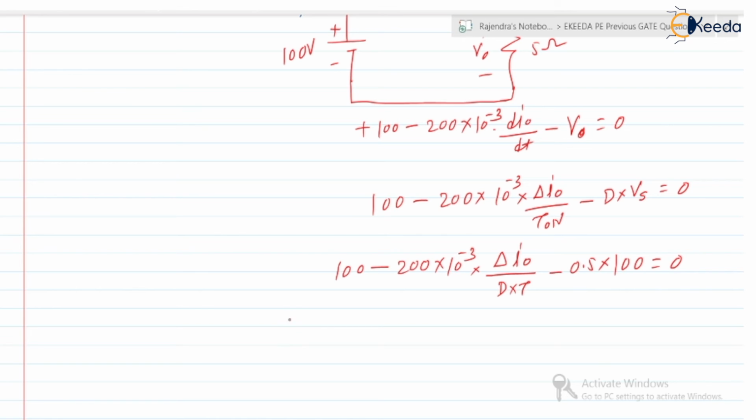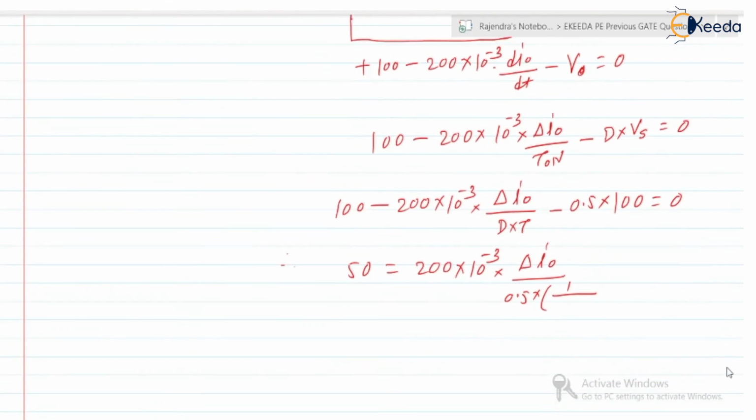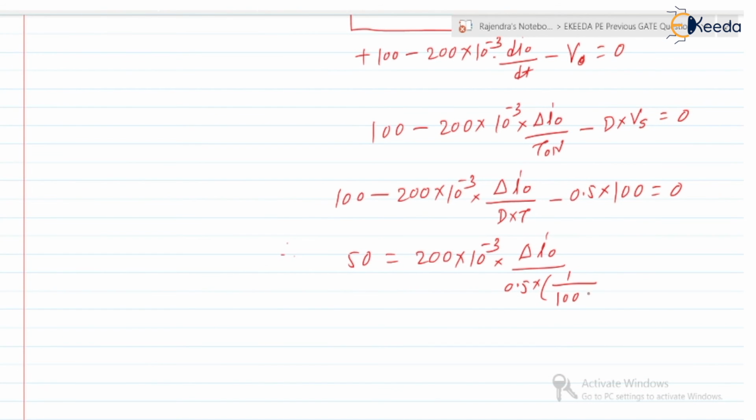Therefore it is 100 minus 50, so 50 equals 200 into 10 to the power minus 3 into delta I0 divided by 0.5 into T, and T is nothing but 1 by switching frequency. Frequency is 1 kilohertz, so it is 1000.